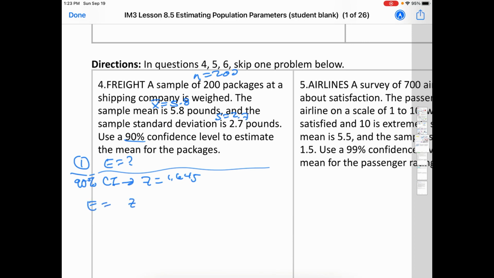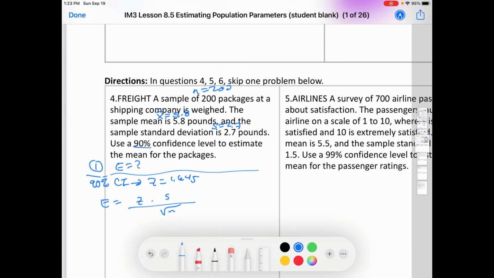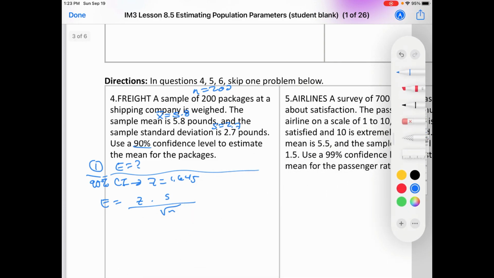E is equal to the z times s all over the square root of n. So let's go and plug and chug away, substitute. All right, our z-score is 1.645. And then our s value is 2.7.